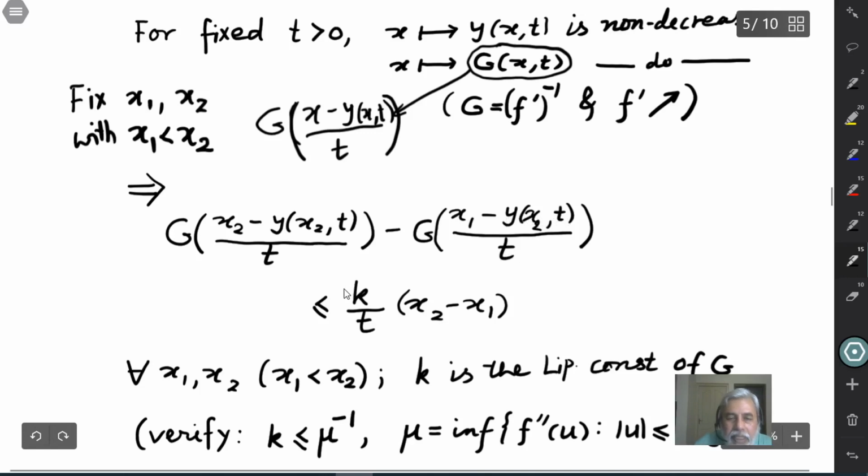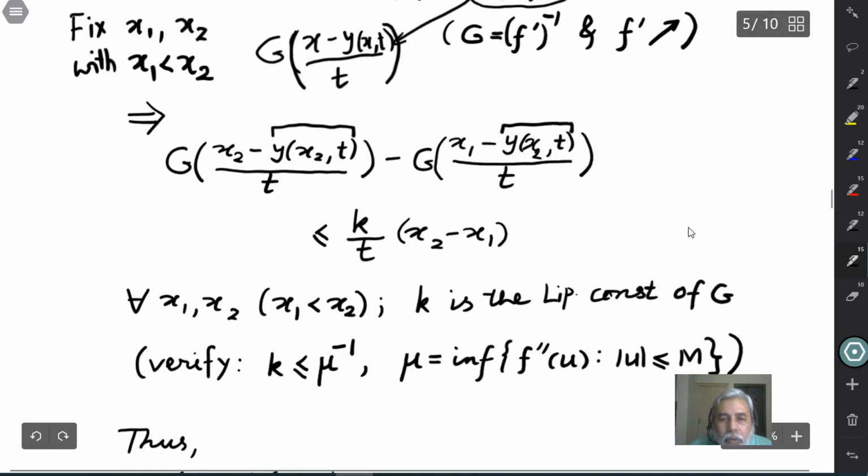Just notice here the second term has the same y. In particular g is Lipschitz, since f double prime is strictly positive; you can easily check that g is Lipschitz continuous.